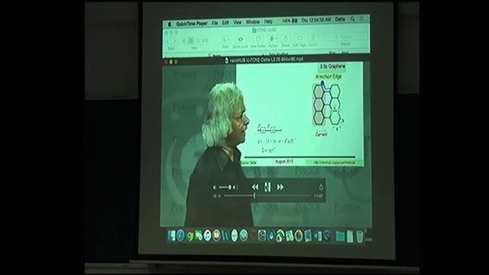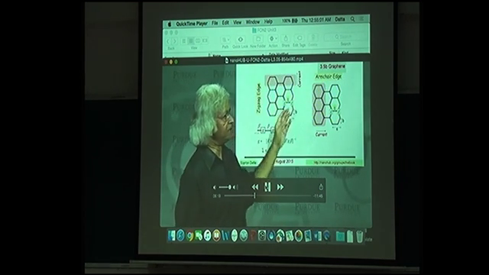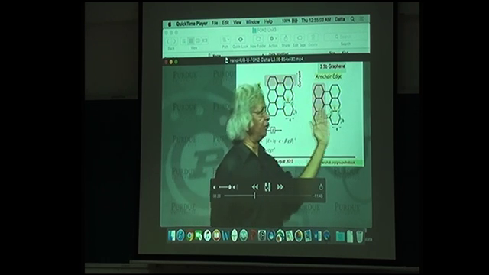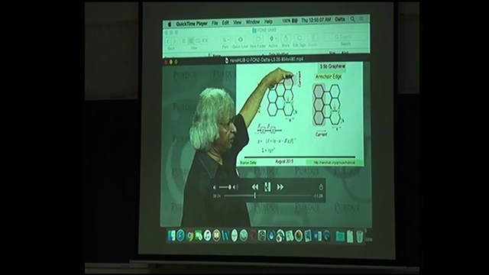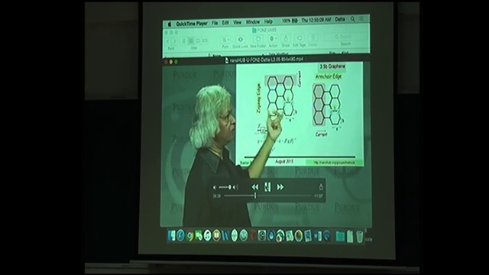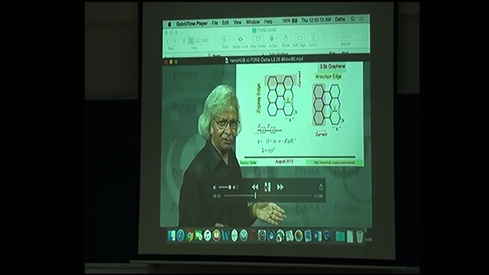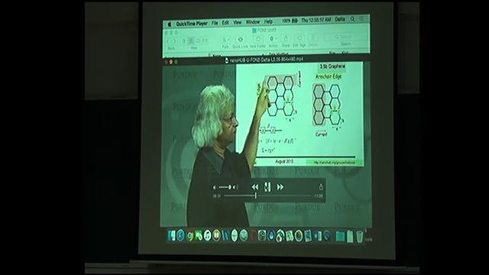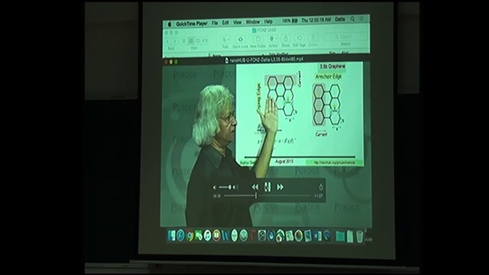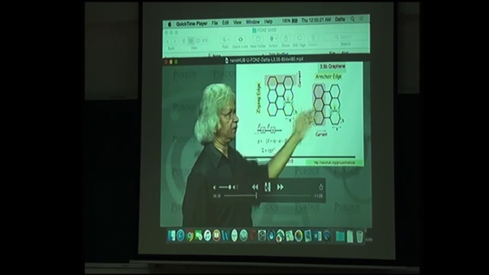Now when you go at 90 degrees to it, which means supposing instead of the current flowing this way, you put your contacts in this direction, so you have the current flowing this way, then you call it a zigzag edge, because now it doesn't require much imagination. If you look at this edge, it sure looks zigzag. Right? So often these are the two limits that people talk about.